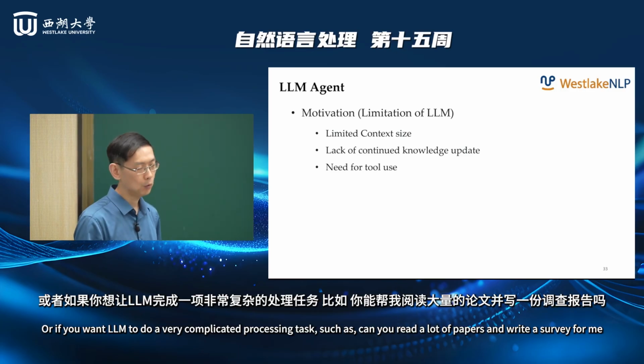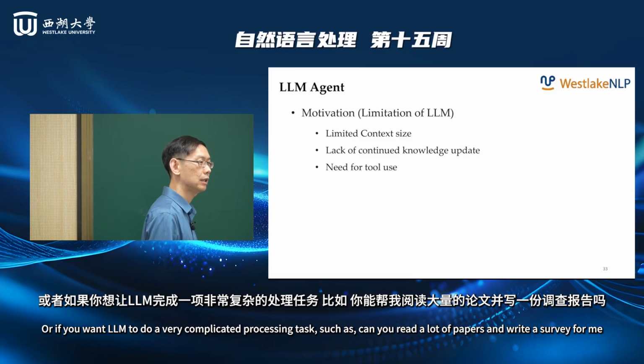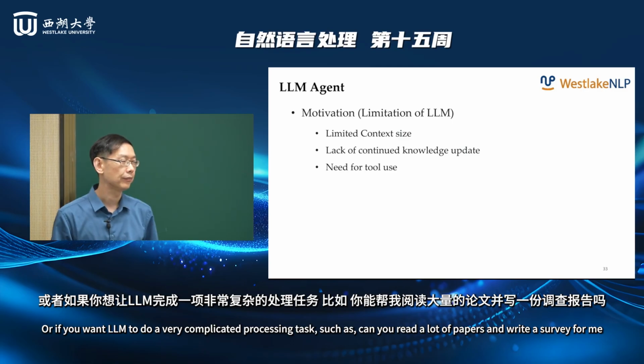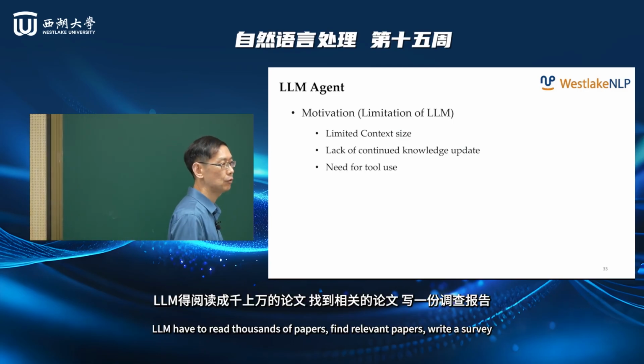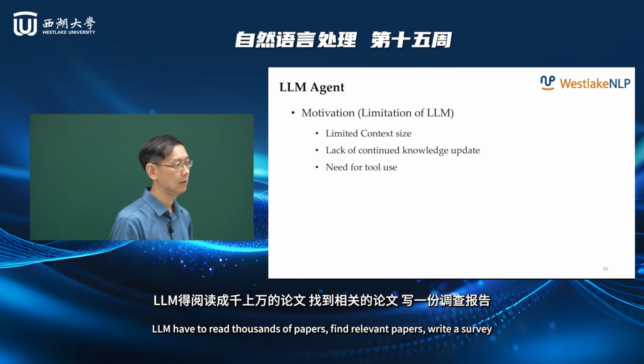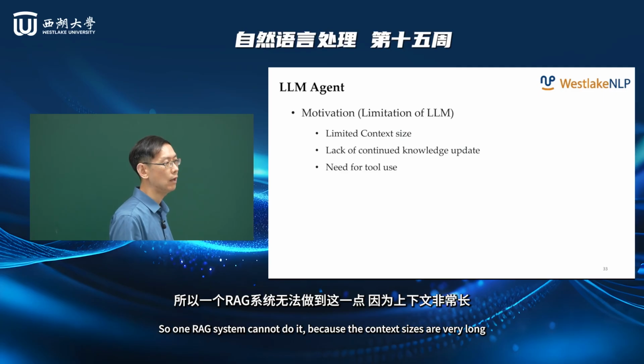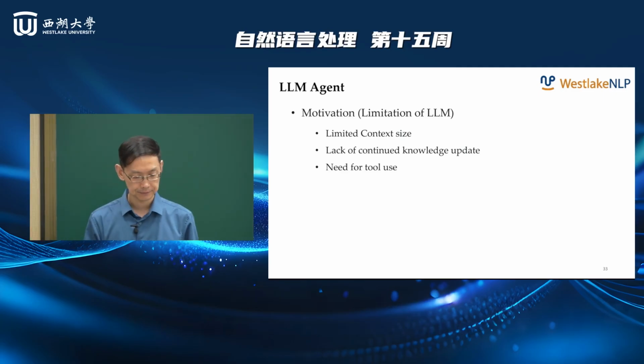Or if you want LLMs to do a very complicated processing task, such as, can you read a lot of papers and write a survey for me? LLMs have to read thousands of papers, find the relevant papers, and write a survey. One RAG system cannot do it because the context size is very long.